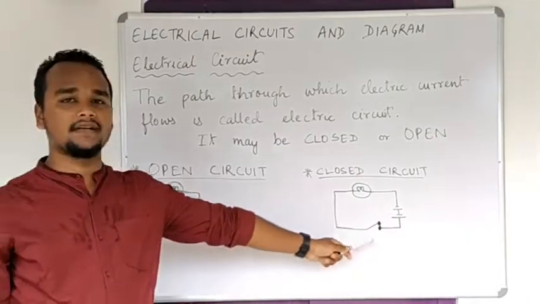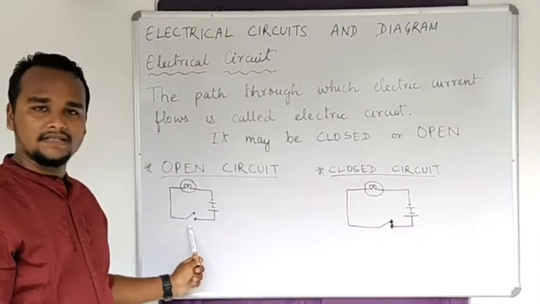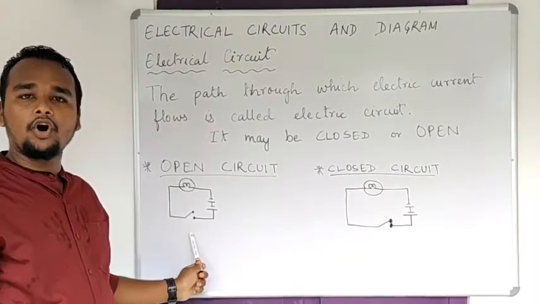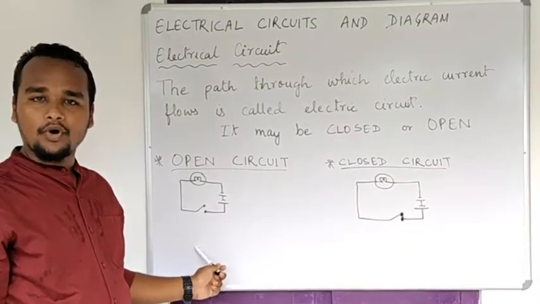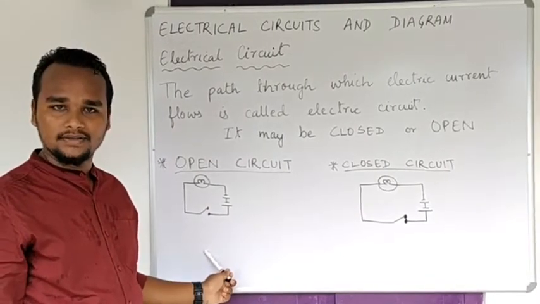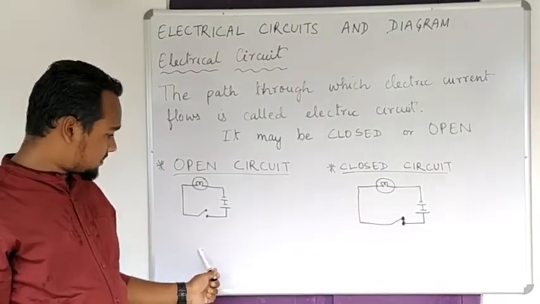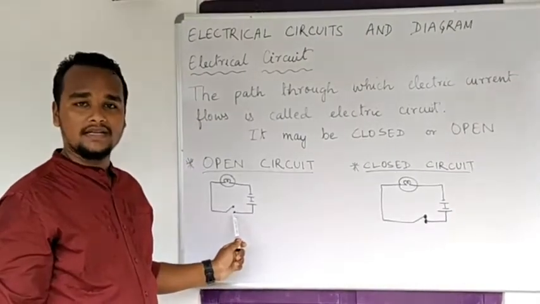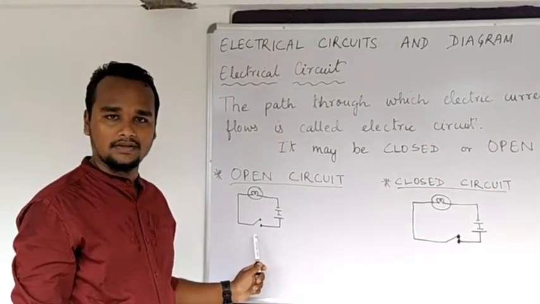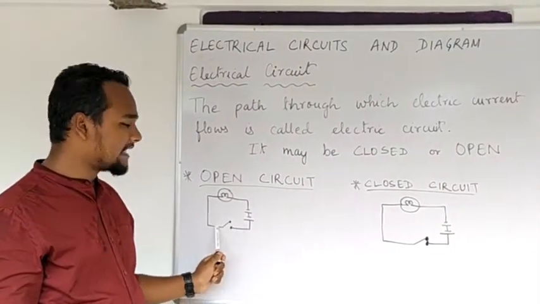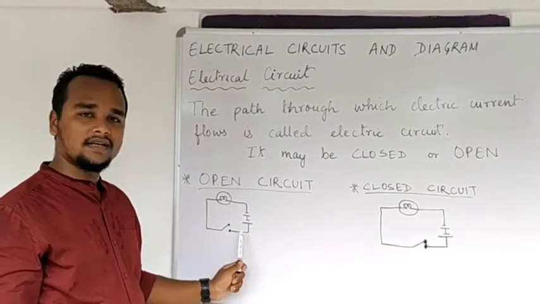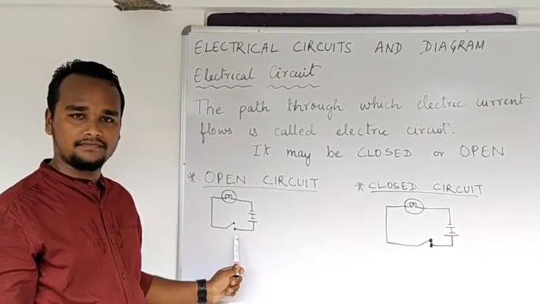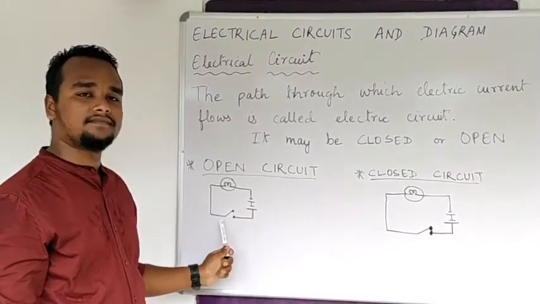The difference lies here. In an open circuit, the flow of electric current is broken at a point. In which part is the flow broken? It is in the switch part. The switch does that work. In an open circuit, the switch is off. That's why the symbol is given in this manner.